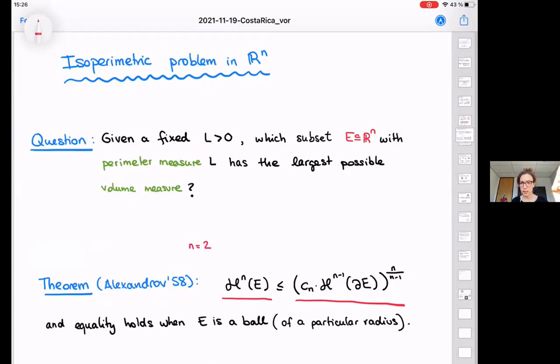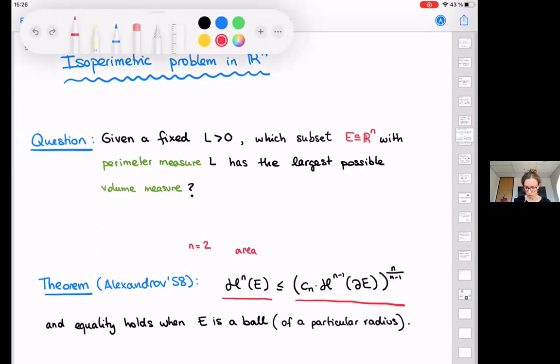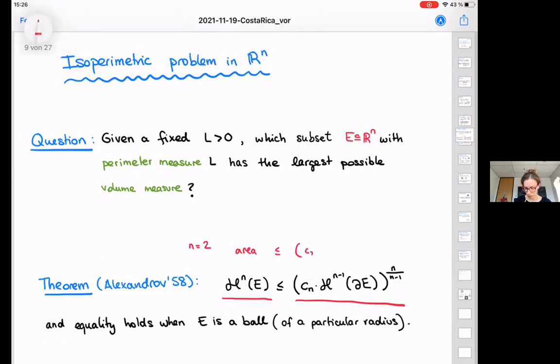The 2-dimensional Hausdorff measure is the area. So the area is less or equal than some constant. And this thing here is just the length, n minus 1, 2 minus 1 is 1. So this is the perimeter.